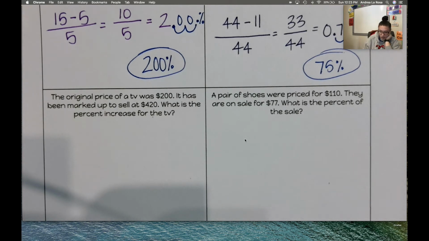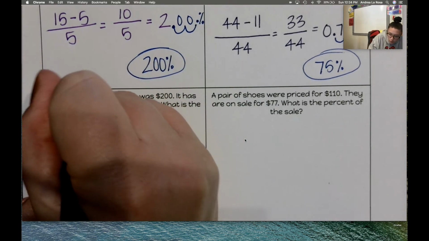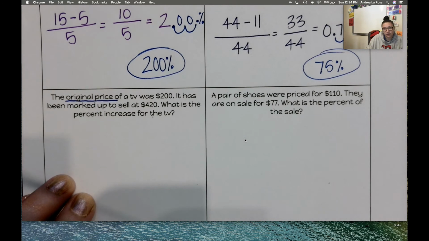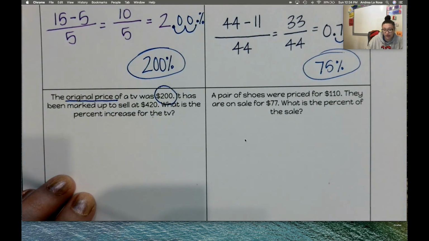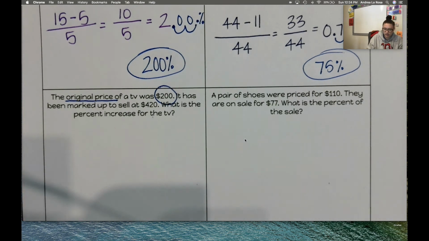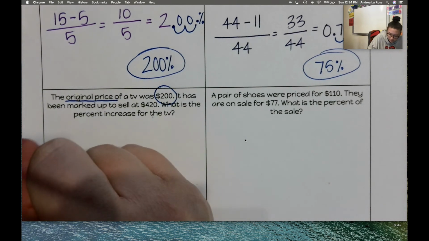So, we see here it says the original price. Oh, it even tells me here what my original is. My original price of the TV was $200. Oh, I can throw that really easy into my formula. If it's the original price, where does it go? On the top or the bottom? Original price goes on the bottom.